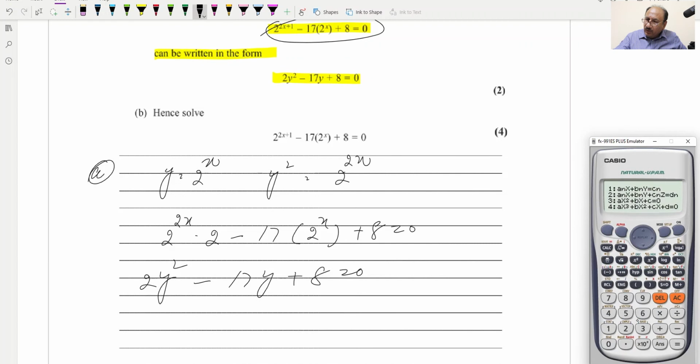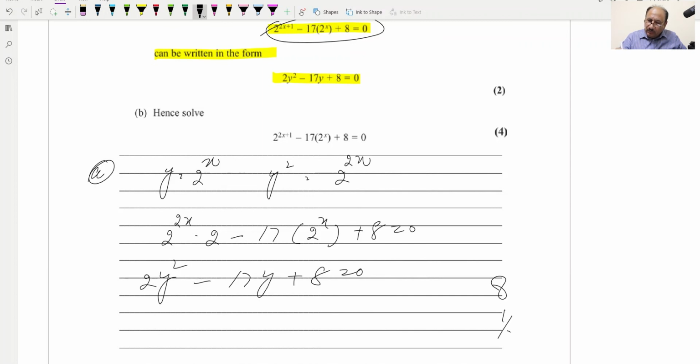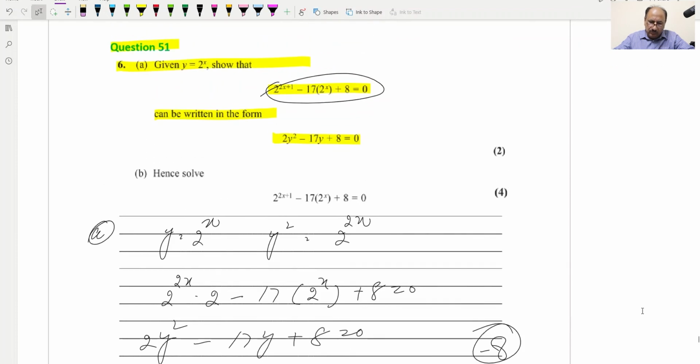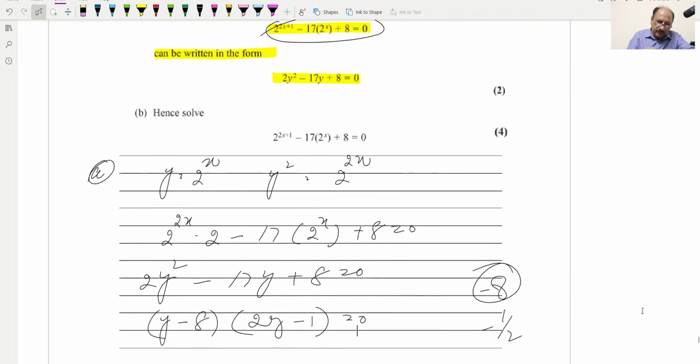Coefficient of y square will be 2, and coefficient of y is minus 17, and the constant value is 8, and this will be 8 and 1 by 2, change sign, and we can write this will be y minus 8, and this will be 2y minus 1 equal to 0. And further basically just this one is the answer. This is the answer for A part.